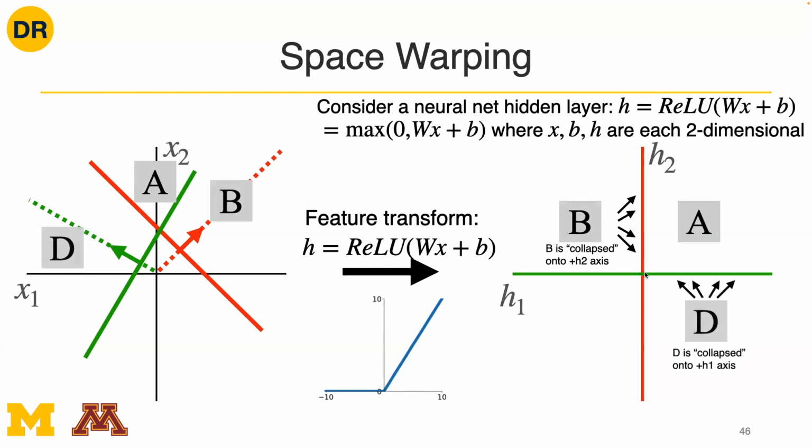And the same kind of ideas go for the other portions of space. All the portion within quadrant D of the input is going to be collapsed onto the 0 portion of h2. And for quadrant C, they're all going to be collapsed exactly onto the origin of the hidden space because they're negative for both the score of h1 and h2.